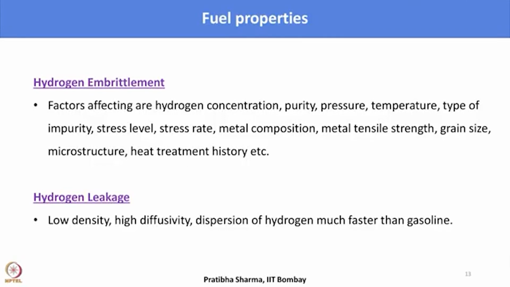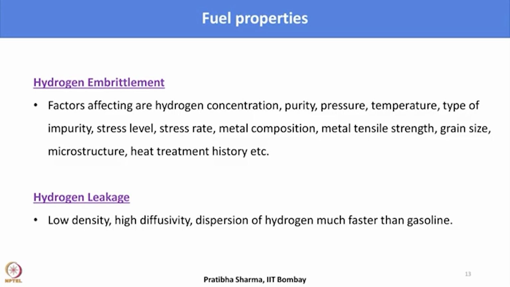However, the embrittlement depends on various factors like hydrogen concentration, purity of hydrogen, pressure, temperature, the type of impurities present in the gas and in the material, stress level, stress rate, metal composition, metal tensile strength, grain size, microstructure, and the heat treatment history of the material.